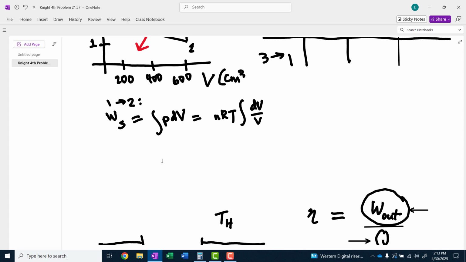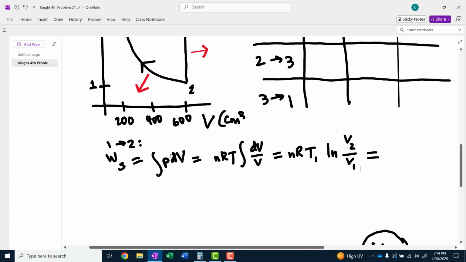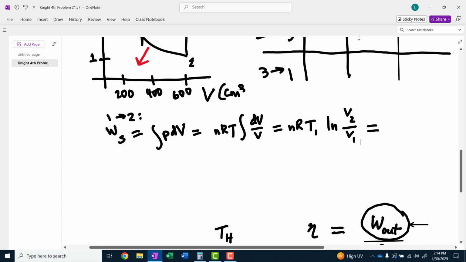So this reduces to nRT, and I'll call it temperature 1, same as temperature 2, times the natural log of the ratio of final volume, that's V2, over V1. And let me consult my work off to the side here, because keep in mind that volume 2 is 200 and volume 1 is 600.